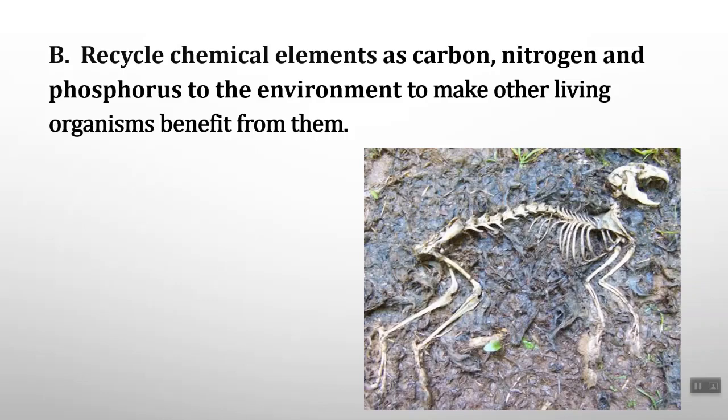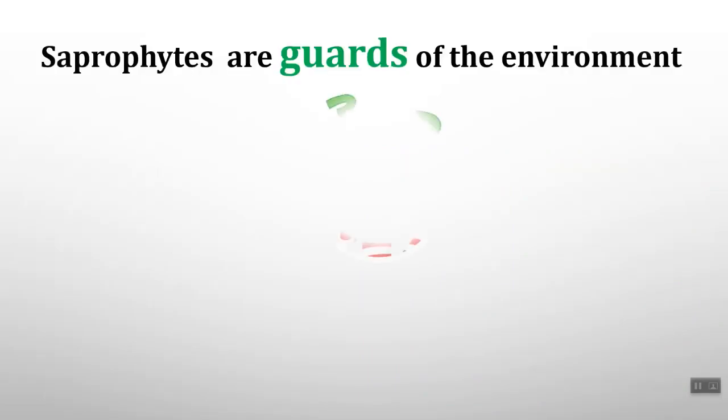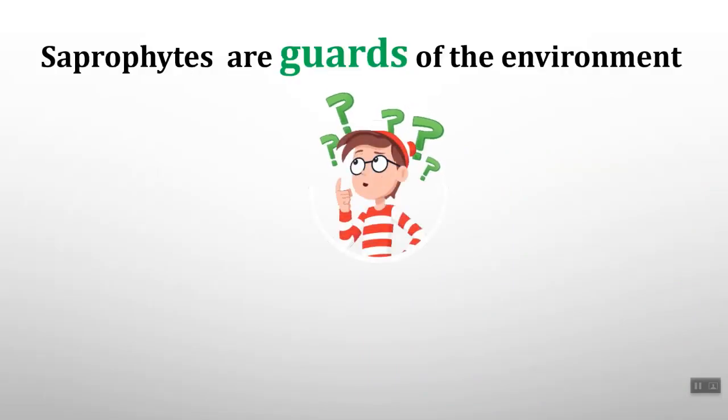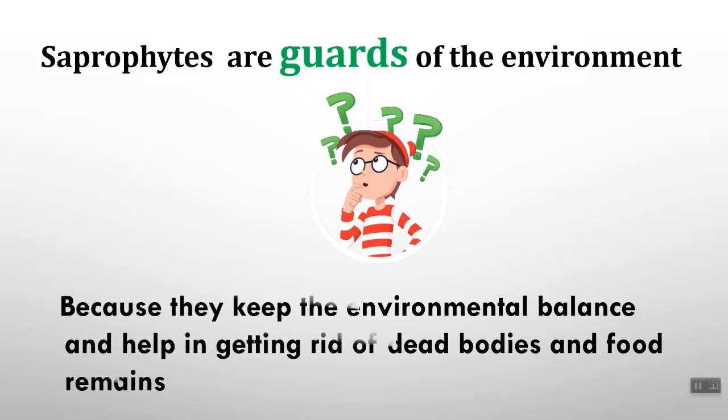We have two factors that are very important to keep the environmental balance. They are the predation and the saprophytism. And also the saprophytes are guards of the environment. Why? Do you think why? Because they keep the environmental balance, and they help in getting rid of dead bodies and food remains.